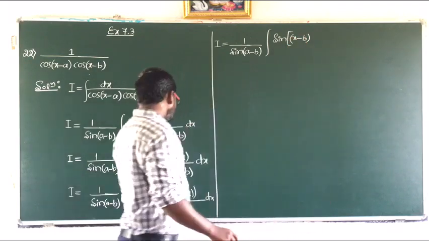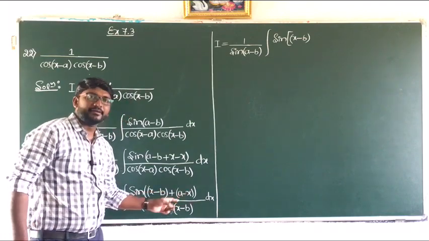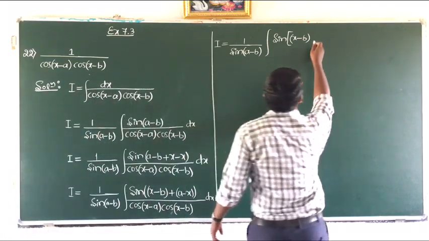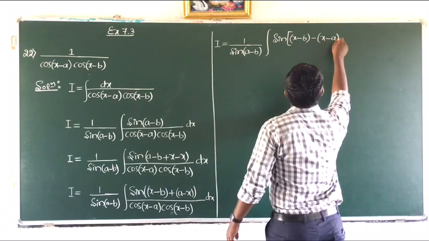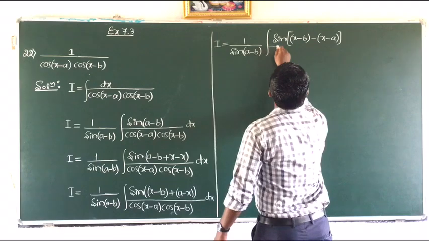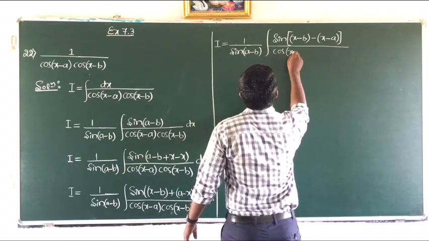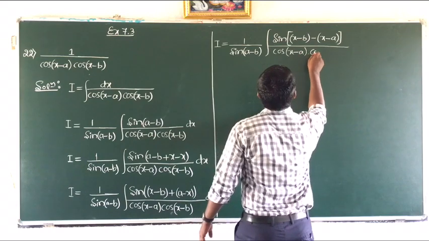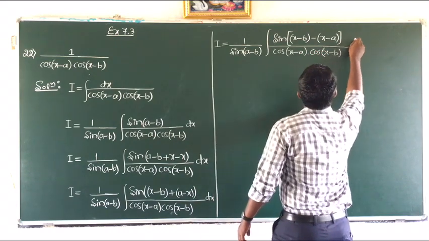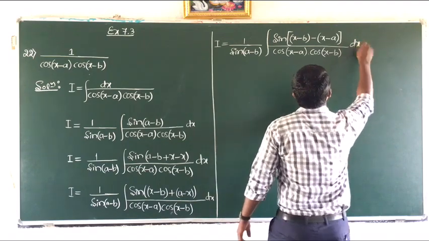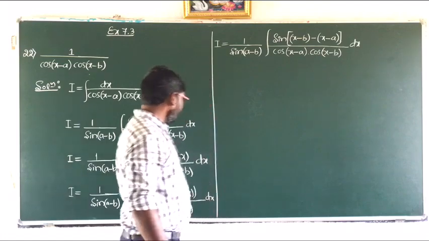Then in the next two terms, I take minus common, so the terms will be reversed. So minus (a minus x) becomes (x minus a). Then write the denominator as it is, cos of (x minus a) into cos of (x minus b) dx. So multiply this minus with these two terms, we get back the previous term.